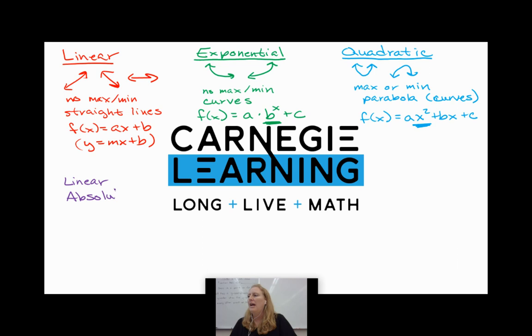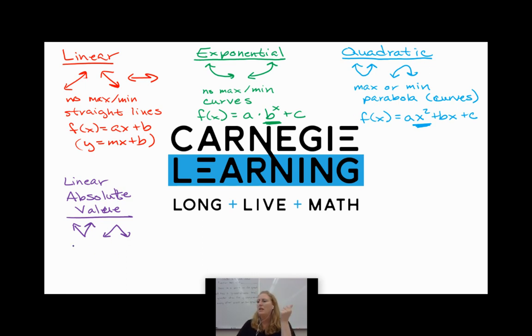So linear absolute value functions. It's the absolute value function family. These guys make V's. So these guys either have V's going up or V's going down. In some ways, they're similar to quadratics, right?